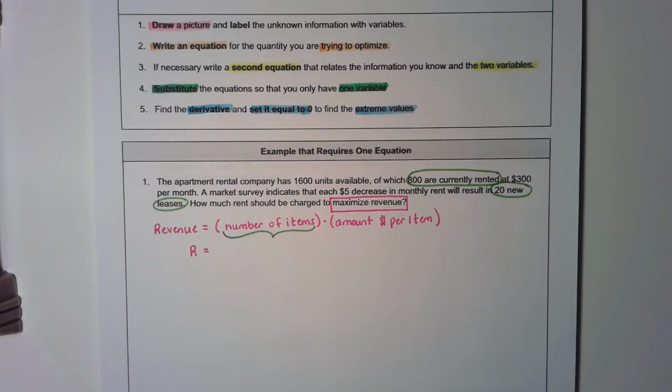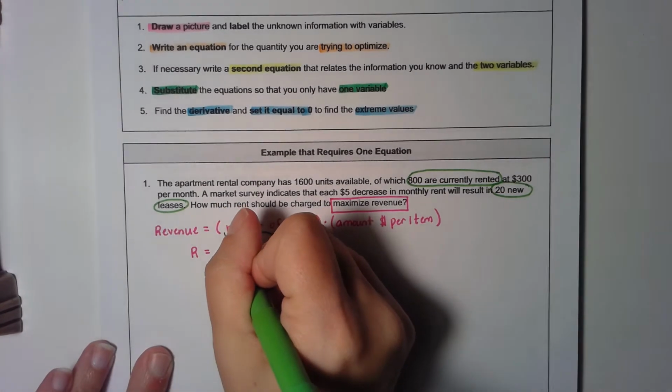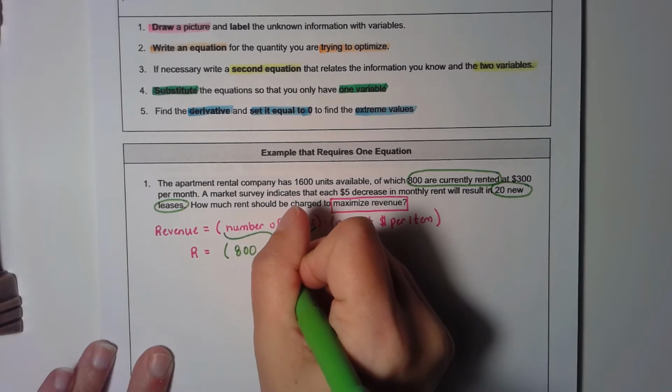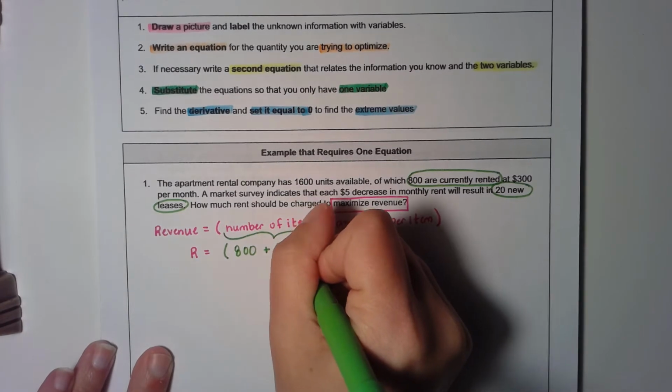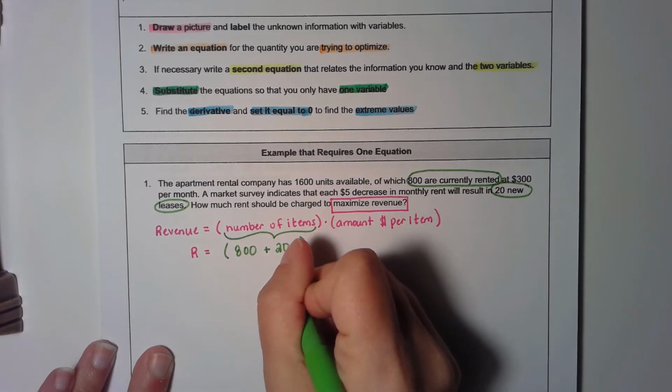So each time we drop the price, we're going to sell 20 more. That means that the number of items is going to be however many we have now, which is 800, plus 20 new items each time we drop the price. So I'm going to put an X here to represent the number of price drops.